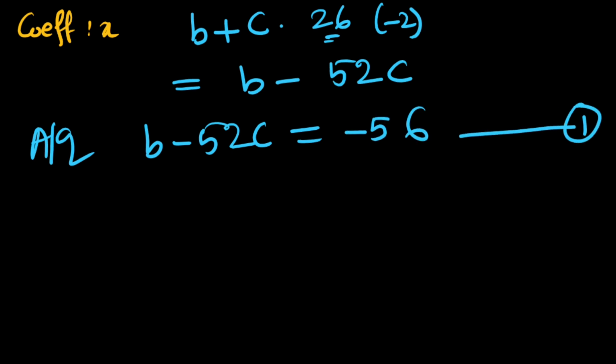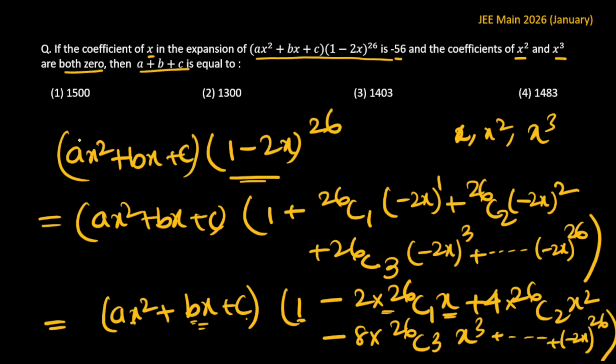Now we find the coefficient of x square. We multiply c by this x square term, then we get a contribution to the coefficient of x square, and we multiply a by this term 1, then we also get a contribution.